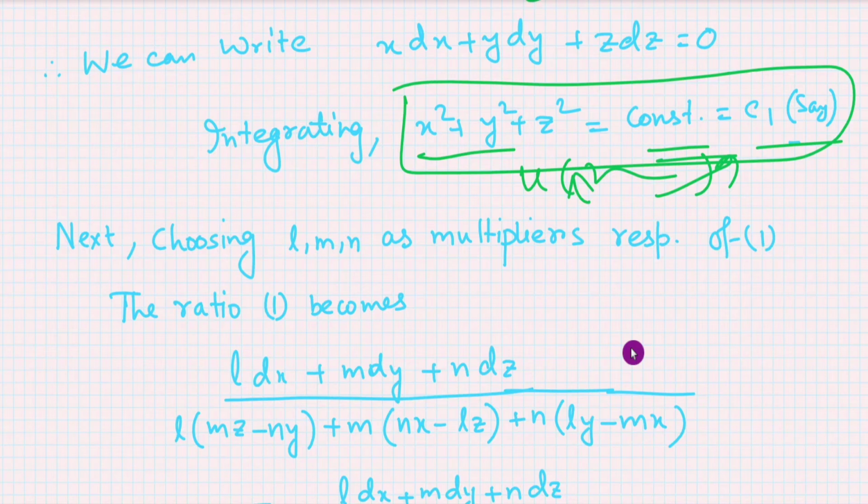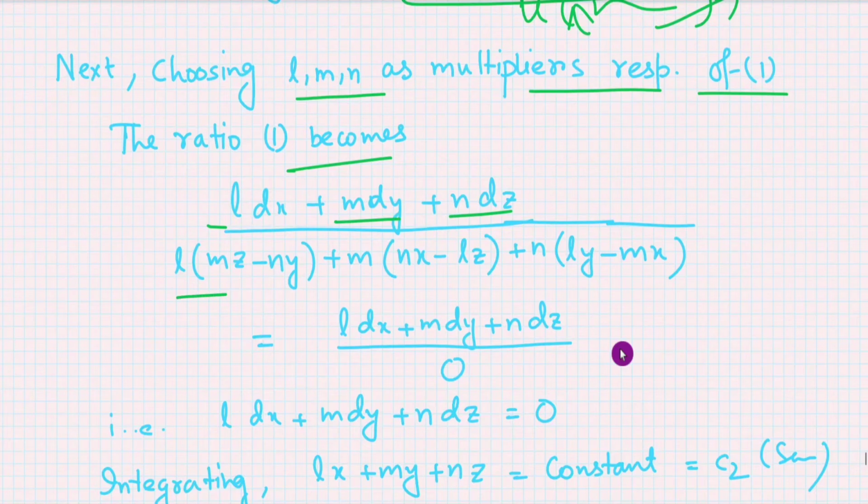Next, choosing l, m, n as the multipliers respectively, the ratio becomes (l dx plus m dy plus n dz) by l into (mz minus ny) plus m into (nx minus lz) plus n into (ly minus mx), and in that case also the denominator is 0.